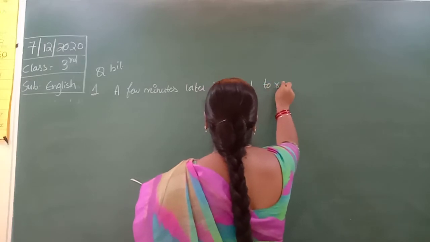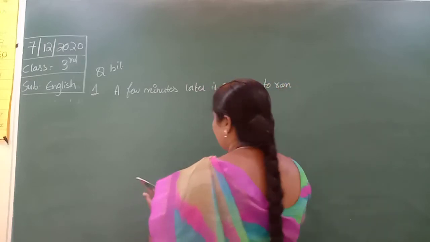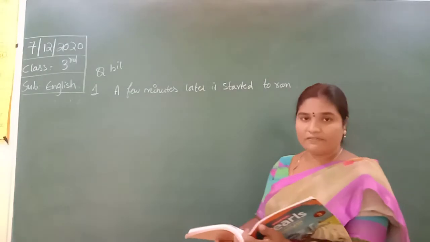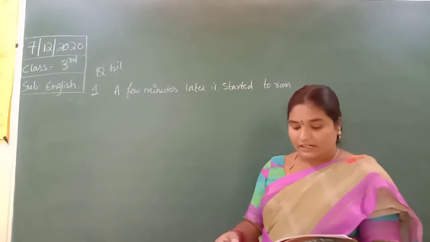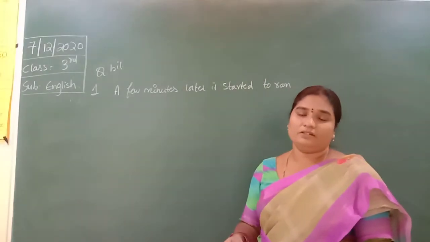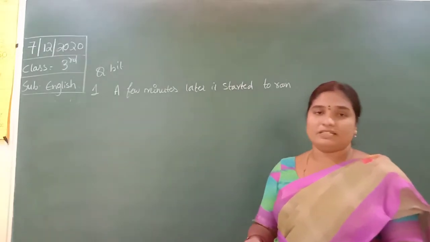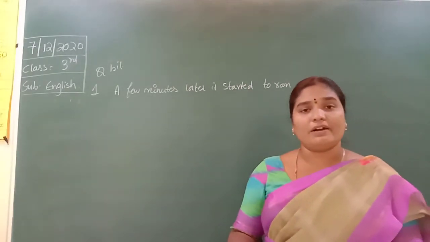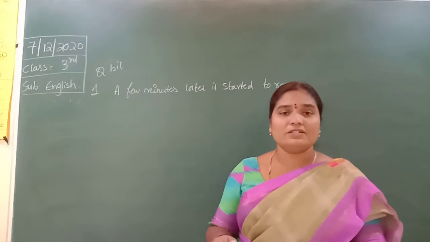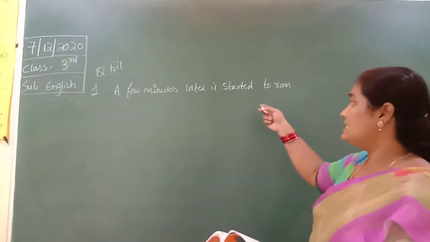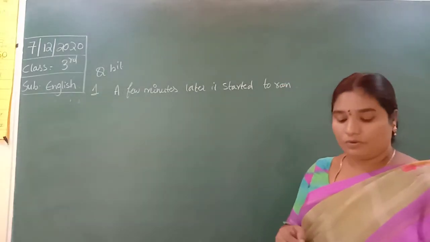So this is a complete sentence. What are they given? Later started to rain a few minutes. The words are jumbled, and we have to make the proper sentence using these words. So, a few minutes later, it started to rain.